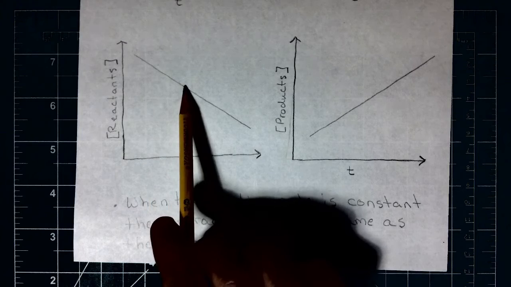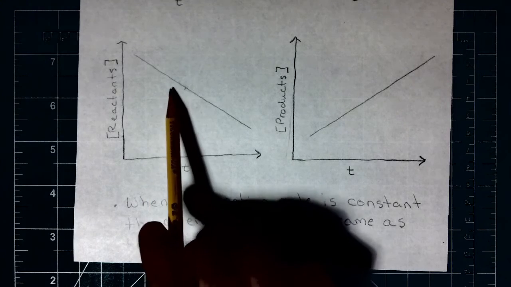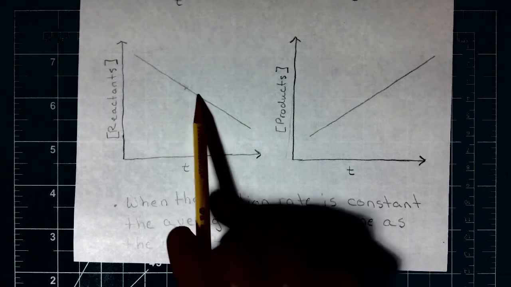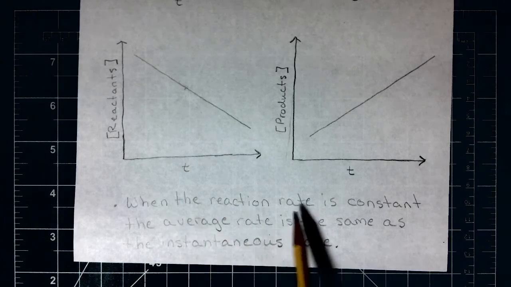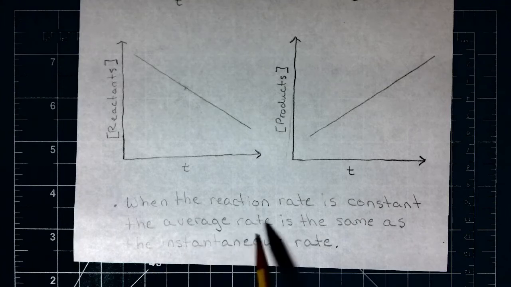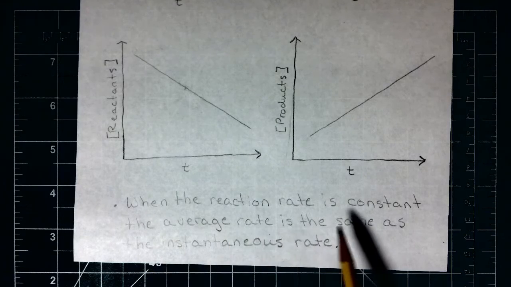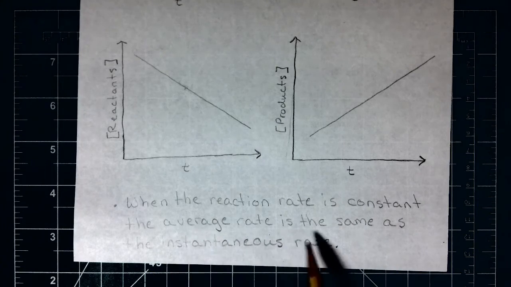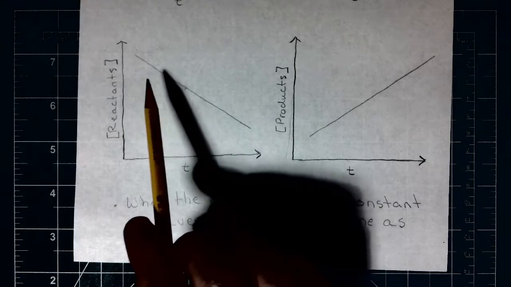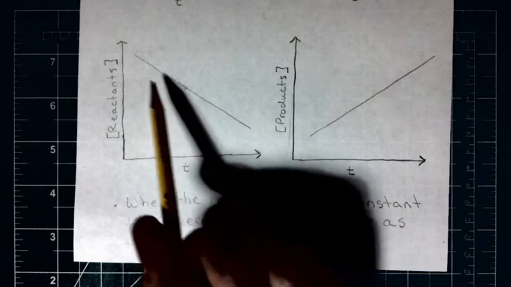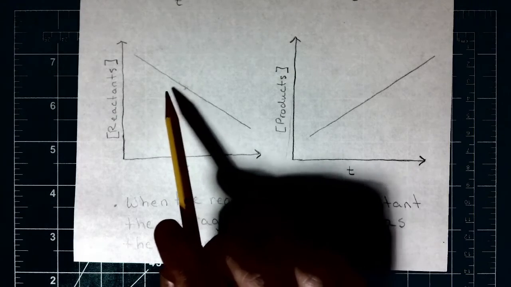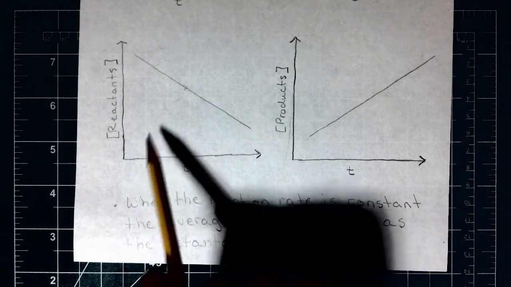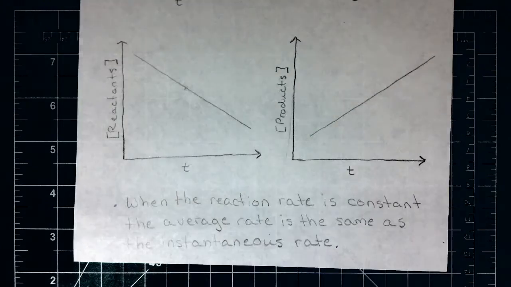If I put a point here and I try to draw a tangent line, it's just going to follow along with this curve. So when the reaction rate is constant, the average rate is the same as the instantaneous rate, because if I added up all of these points along here and then divided by the number of points I had, I would still get the same instantaneous rate because they're always the same.